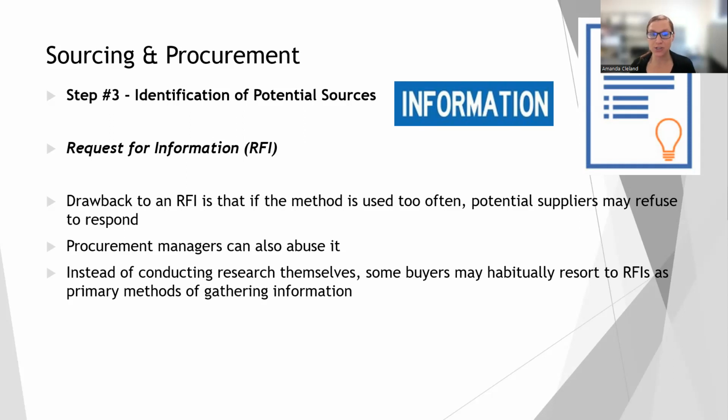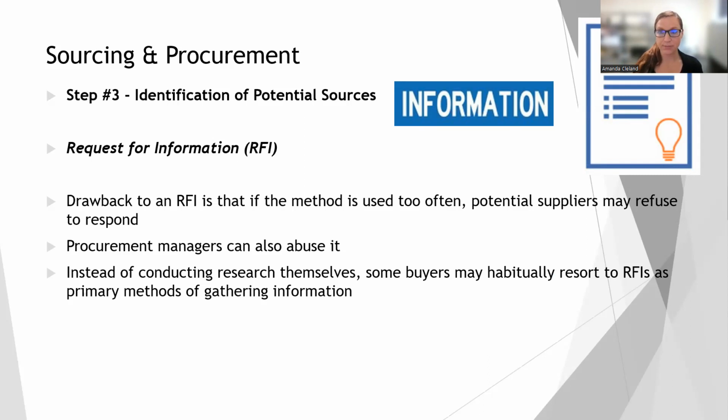Instead of conducting research themselves, a lot of procurement professionals see RFIs as a quick shortcut, so they habitually resort to RFIs as a method for gathering information. And because suppliers get so many of them, they're overwhelmed and don't want to answer them. So that is a drawback to an RFI: because it is so overused, our suppliers may not be very responsive to it.